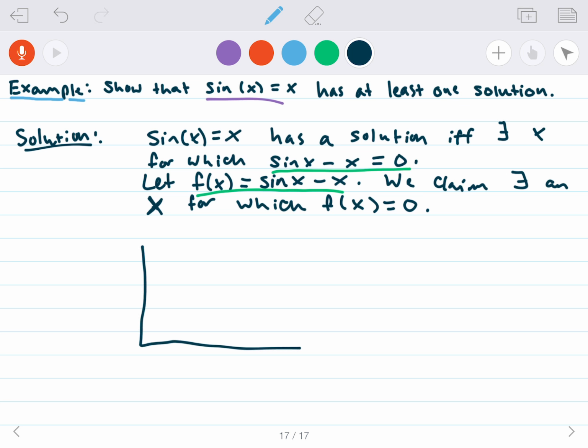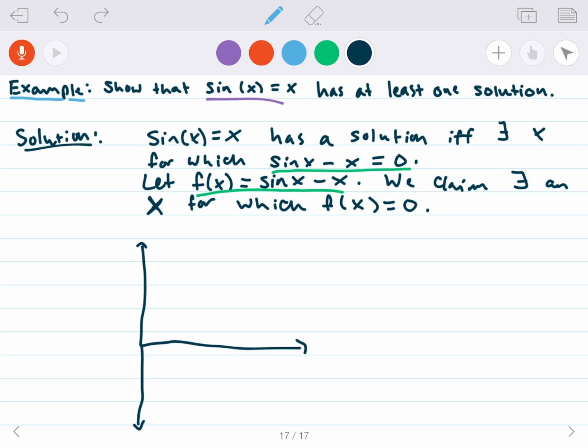So let's draw the picture. And again, this is not going to be a great picture, but the idea here is we're going to look at negative pi over 2, and then we'll look at positive pi over 2. Actually, that's not what I wanted to do. Let me change this. Sorry, guys.